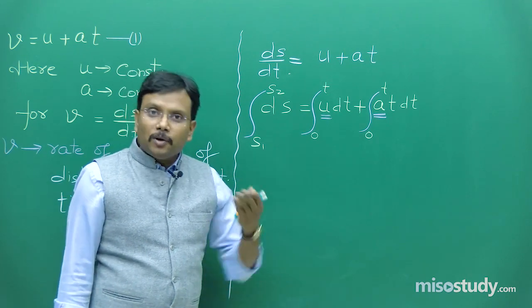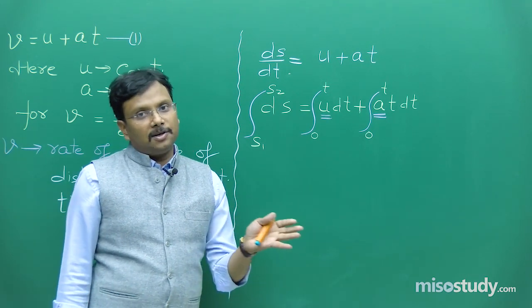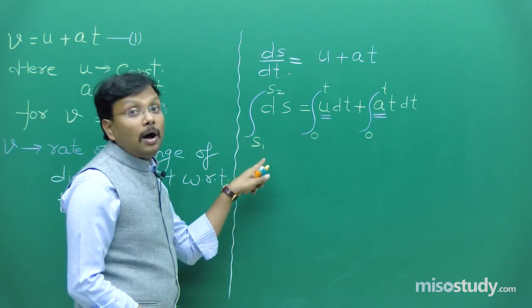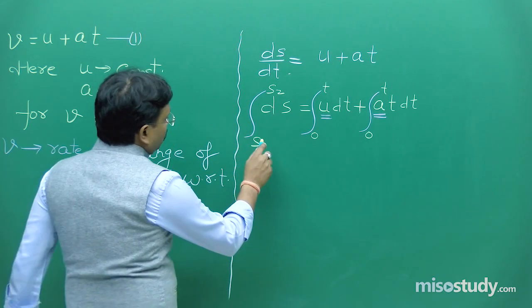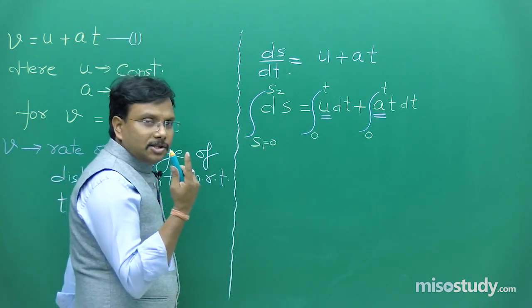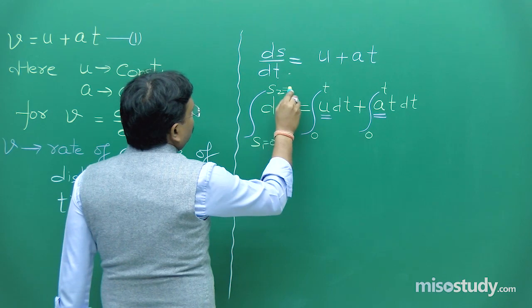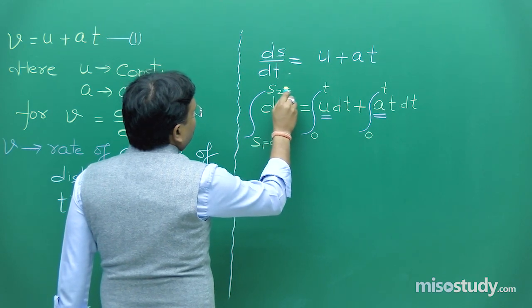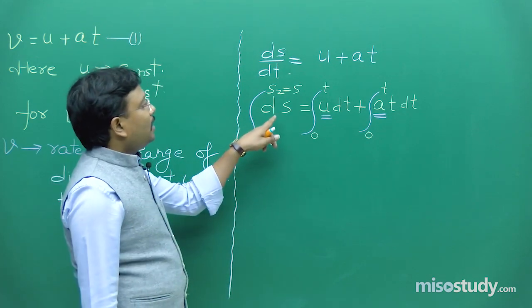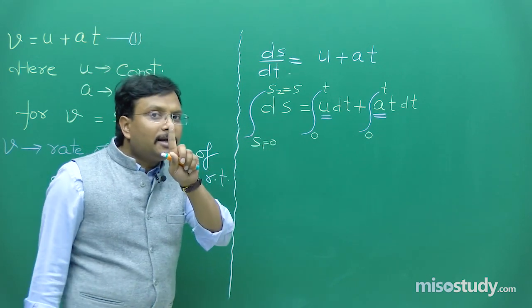Let us say that is origin, and then the object is moving. Fine. So, I explained you this is also a method of writing. Then here you can say s is equal to 0, origin, is equal to S. Fine. So, now when I will integrate ds, I will get S.